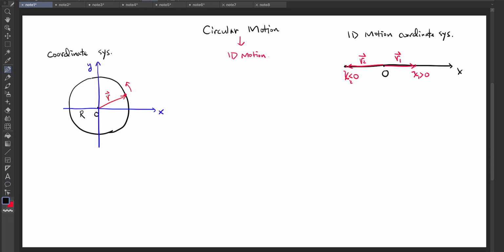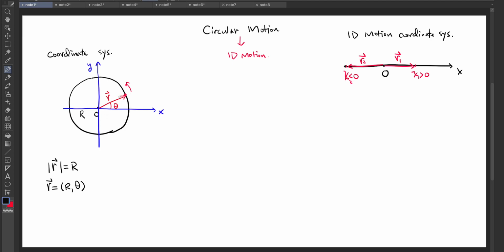Then we can say this R here is represented by its magnitude, which is this capital R. And its direction, if I figure out this angle theta here with respect to the x-axis, then we say its angle is theta. Therefore, the vector r is given by capital R and angle theta. So that's the representation we talk about in the vectors chapter.